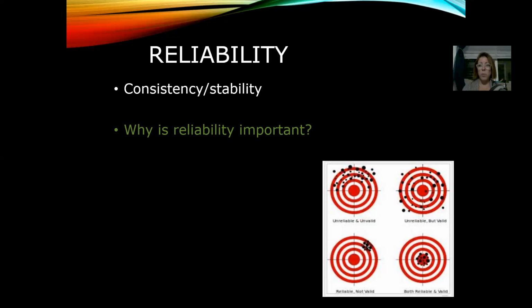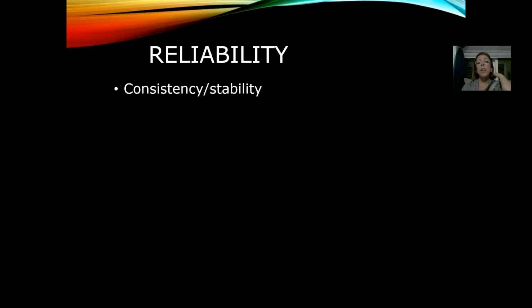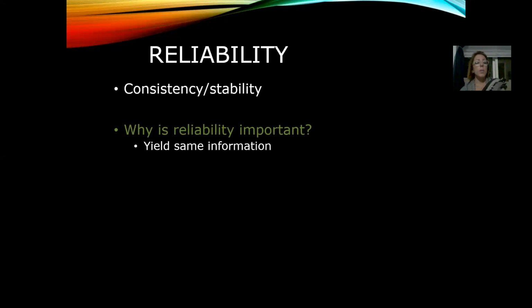If it's that changeable, what good is it, right? We want things to yield the same information as much as possible. There is some amount of the time that things won't yield the same information, and we call that amount of time measurement error. We want to minimize measurement error.